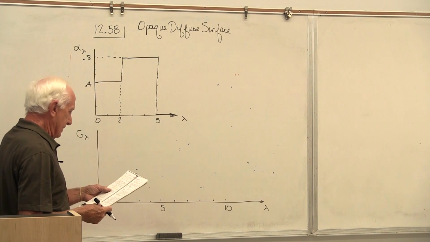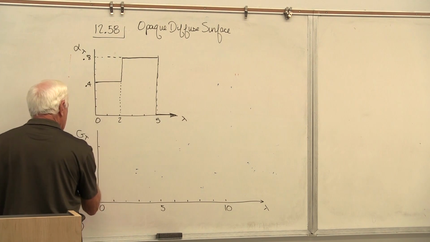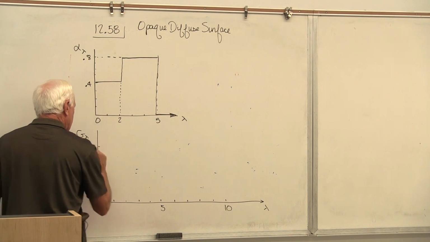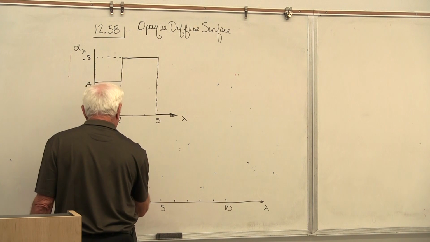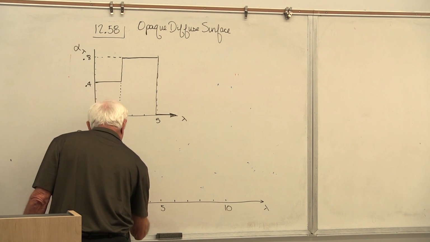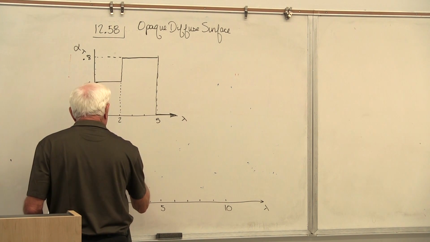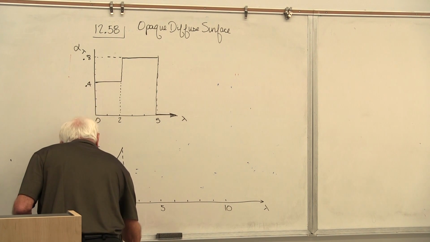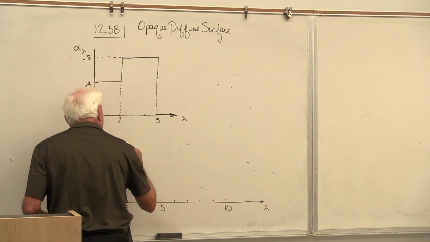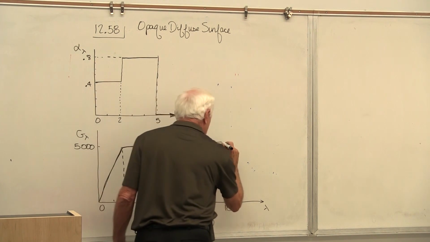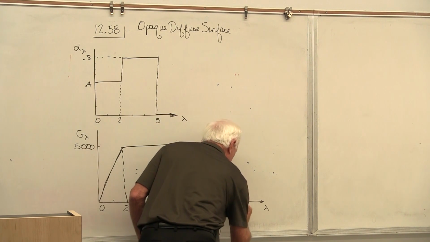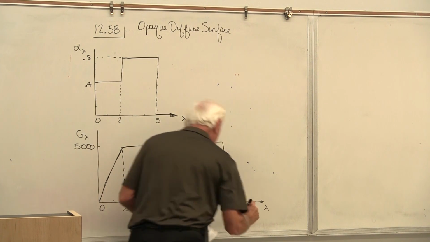From 2 to 10, it's 5,000 watts per square meter. Straight line, constant out to 10. At 10, it drops down to 0.